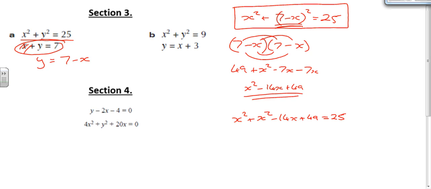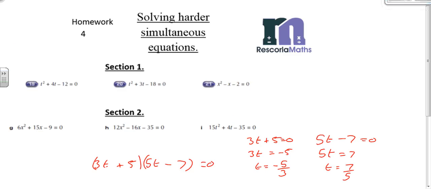So x squared plus x squared is going to be 2x squared. We've only got the minus 14x there. And then we've got 49, and we've got 25 over this side. If we take 25 from both sides, it's going to be plus 24 equals 0. And now we've got another one exactly the same as we have done over here. We've got to solve an equation equaling 0.